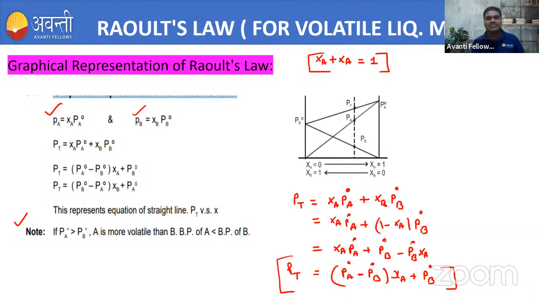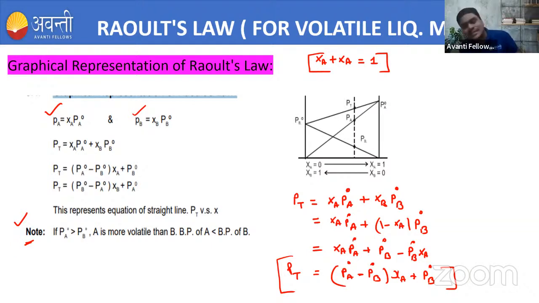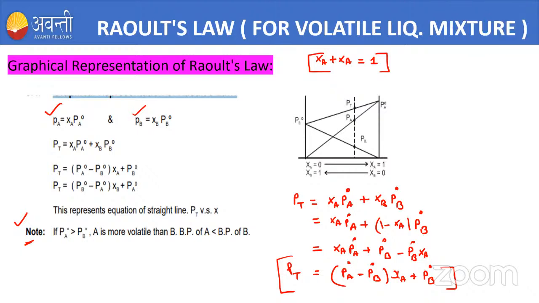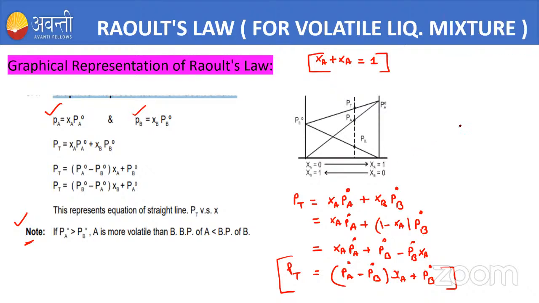So this is a very important note here, beta. If the vapor pressure of A is more than the vapor pressure of B, this implies that A is more volatile than B. What do you mean by volatile? Volatile means they have more capacity to produce vapor. They are easily vaporized, right?